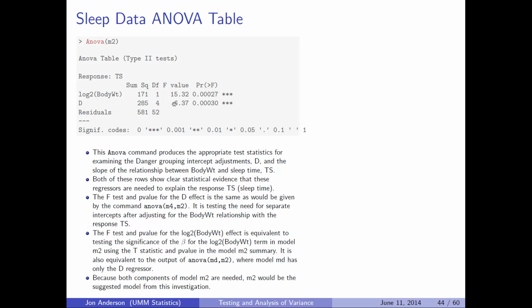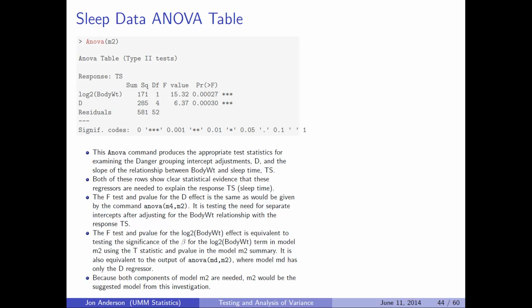This F statistic of 6.37 and the p-value of 0.0003 would be exactly what we would get if we would do a small a anova command between M4 and M2. You'd get the same F statistic and the same p-value. The same thing would be true for the log 2 body weight F-test, if we would remove the log 2 body weight and just test it against a model that would just have intercept adjustments.